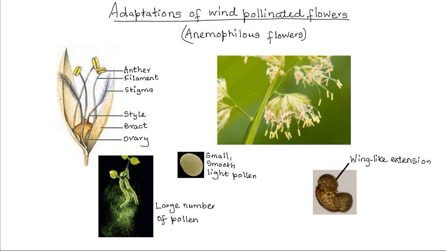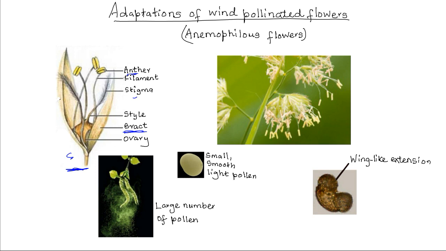Like in this flower here, this is a typical wind-pollinated flower. There are no petals as such. Instead, there are bracts. These bracts help to expose the anthers and the stigma to wind.